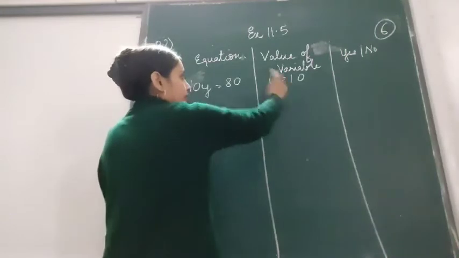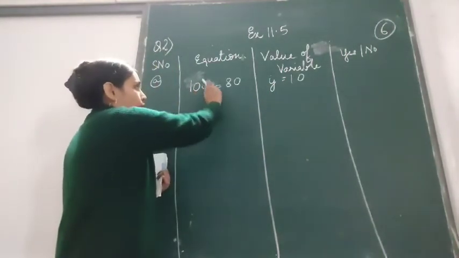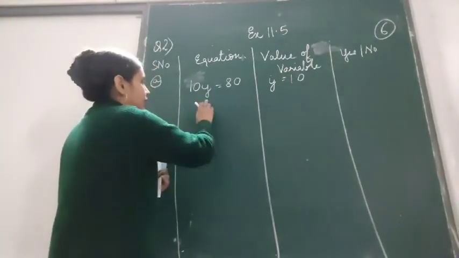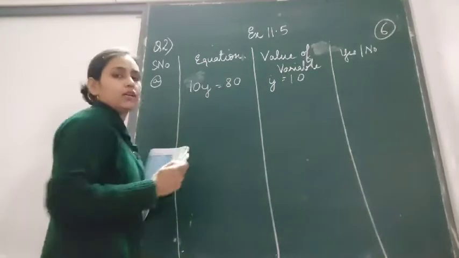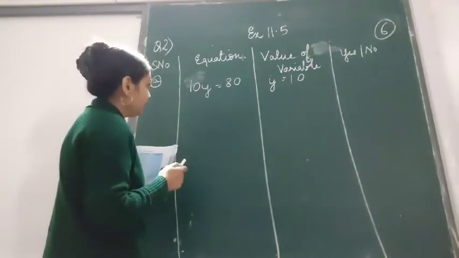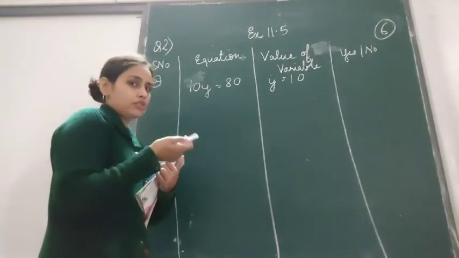Come back to the equation, put the value of y. If after putting the value both sides are equal, that is left hand side is equal to right hand side, then answer is yes, otherwise answer is no.